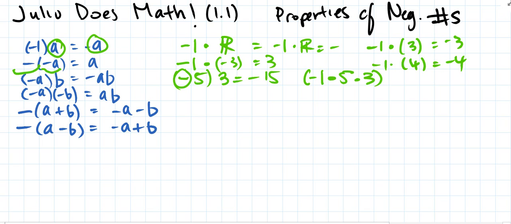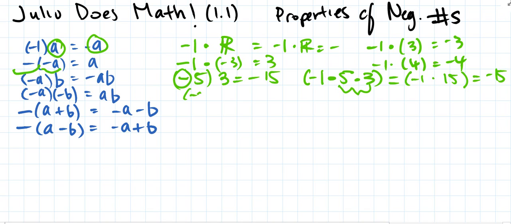And if you recall the associative property, it does not matter in which order you multiply numbers. So we're going to multiply negative 1 after we multiply 5 times 3, which is 15. Gives you negative 15. So here we're using the associative property to prove that is true.